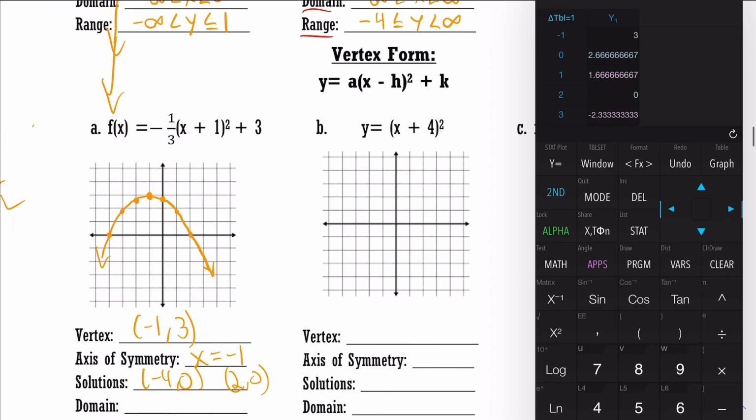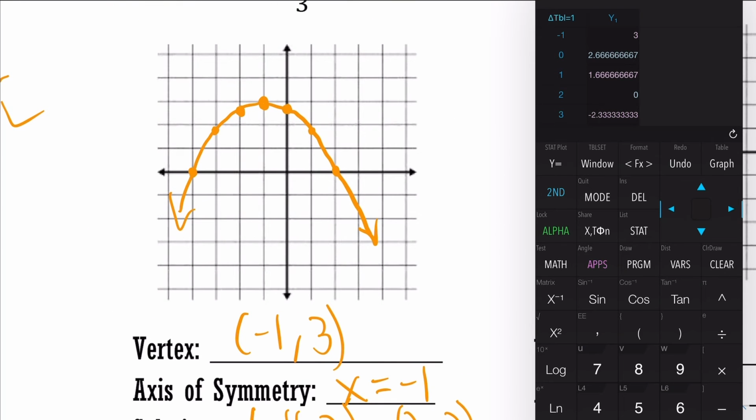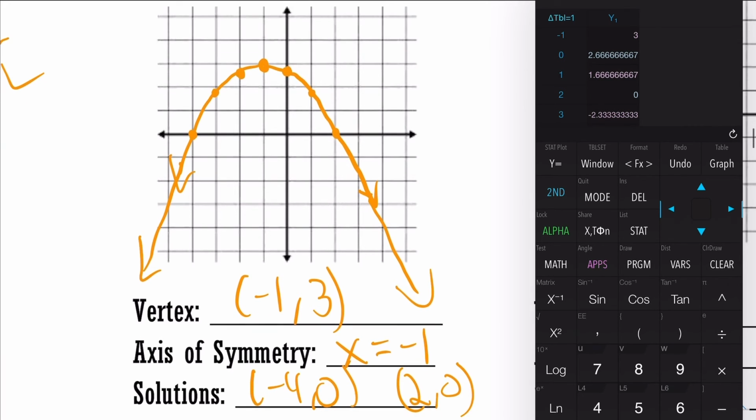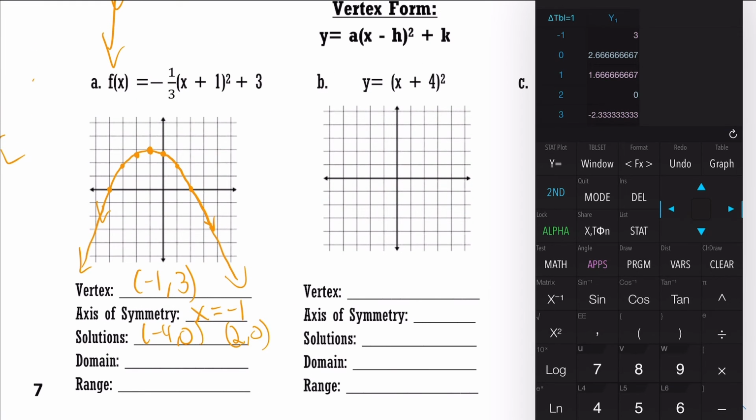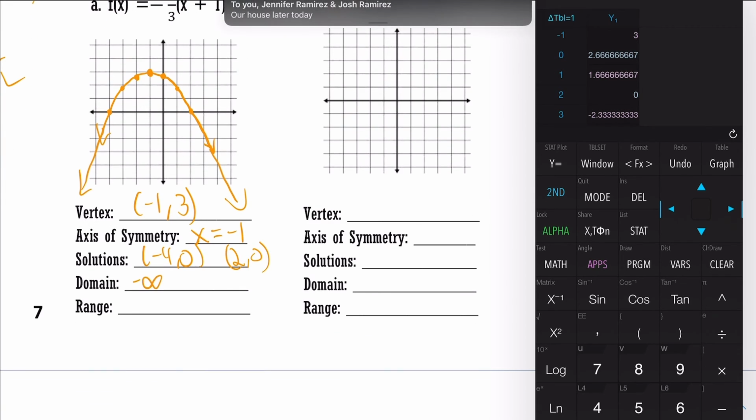The domain. From left to right, is there anything stopping this graph? Is there anything that's going to stop this arrow from going to the left? I don't think so. And I also don't think that there's anything stopping the arrow from going to the right. So it seems like whenever you're graphing quadratics, the domain is almost always going to be from negative infinity for x and positive infinity as the maximum for x.